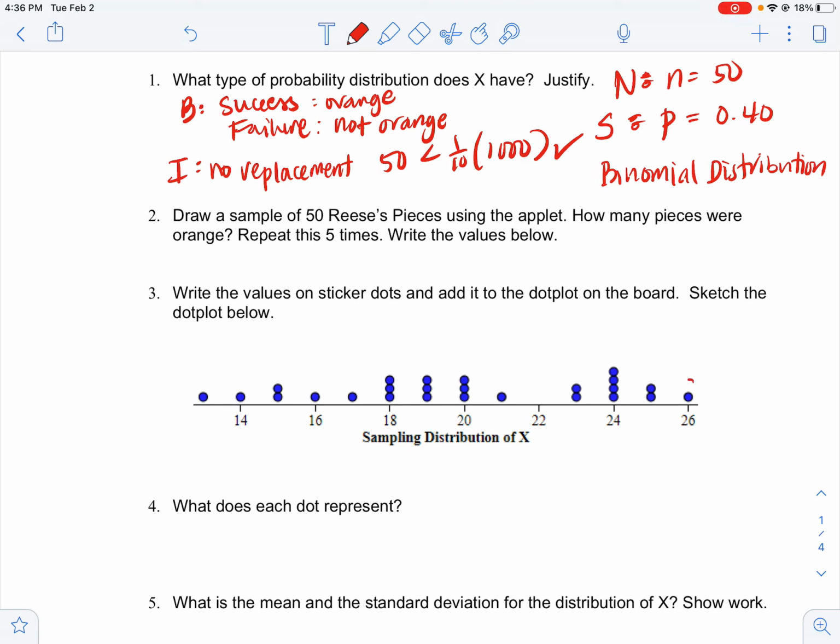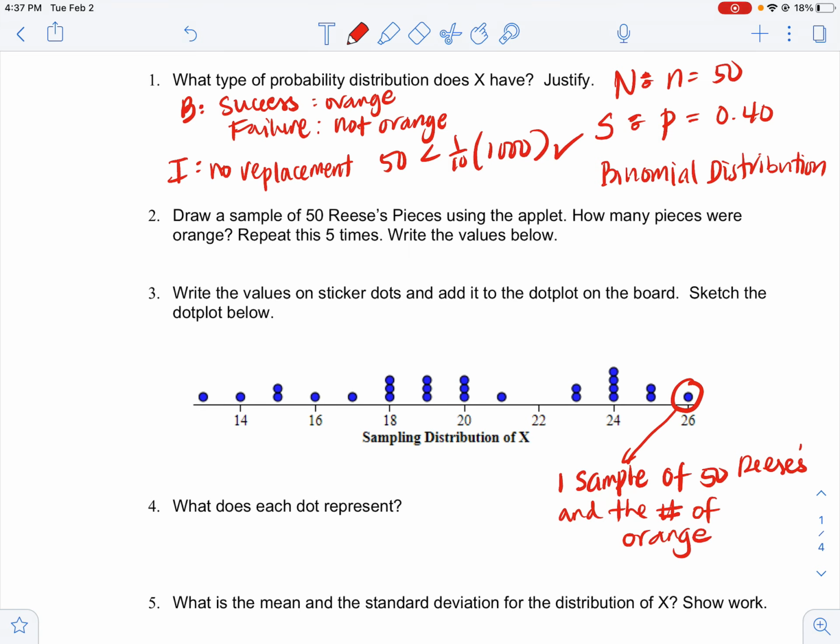It represents one sample of 50 Reese's, and the number of orange candies calculated from it.